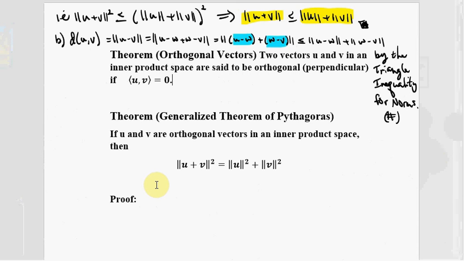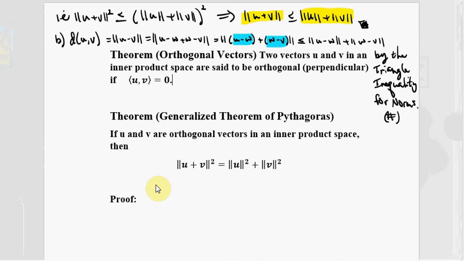And the nth case is for nth degree: it can be shown that the norm of u plus v to the nth degree is the same as the norm of u to the nth degree plus the norm of v to the nth degree, given that the two vectors are orthogonal. If they're orthogonal, then the inner products cancel out, because the inner product for orthogonal vectors is said to be 0.